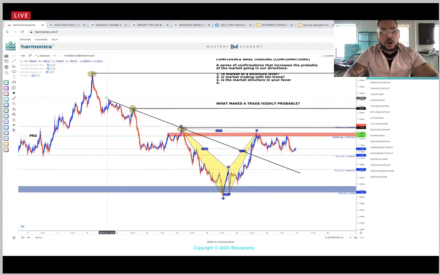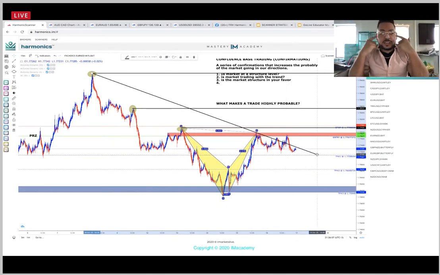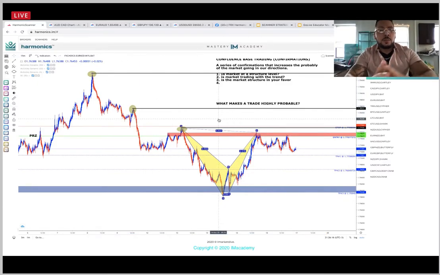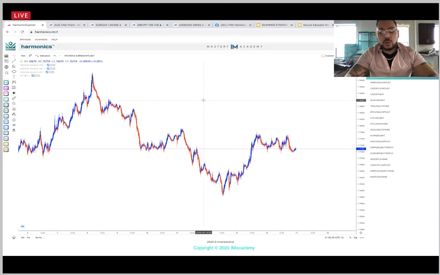You see how this market started trading along that little trend line? Trend lines help traders. You don't have to use them, but these are different things you can use to create an analysis with your eyes. You want to create an analysis and increase the probability of the trade going in your direction. So let's remove all of these drawing tools.